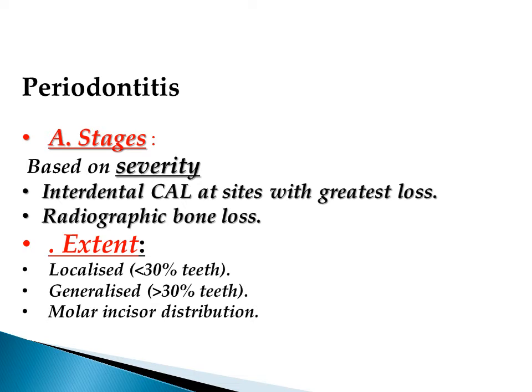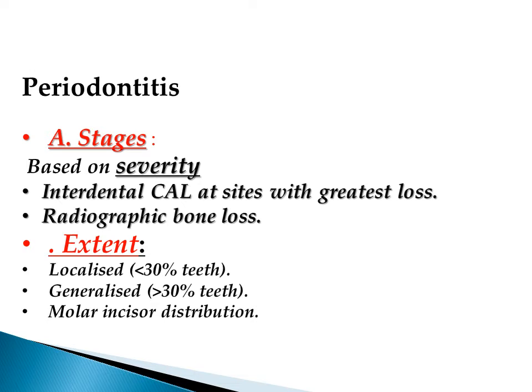The extent and distribution for each stage is described as a molar incisor pattern, or localized if the involved sites were less than 30%, or generalized if the involved sites were equal to or more than 30%. That is to say, the borderline between localized and generalized periodontitis was 30%.